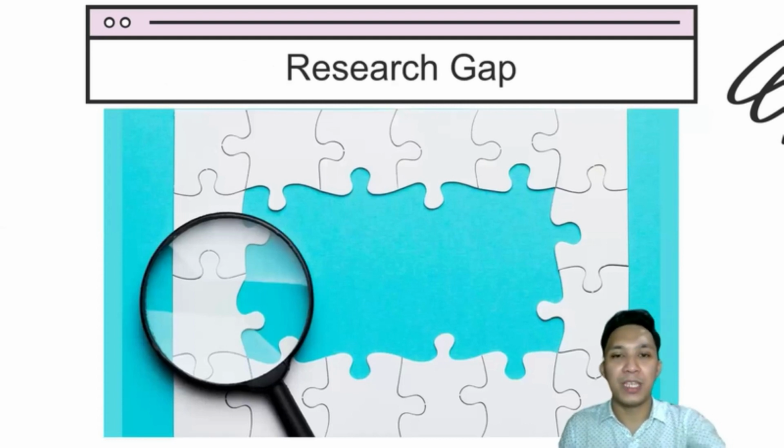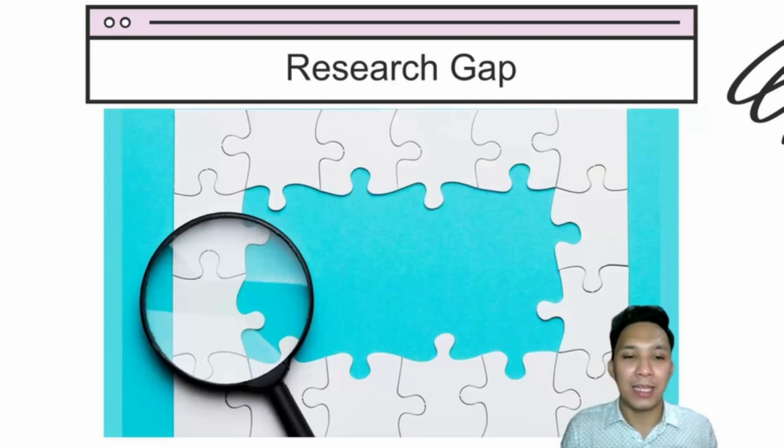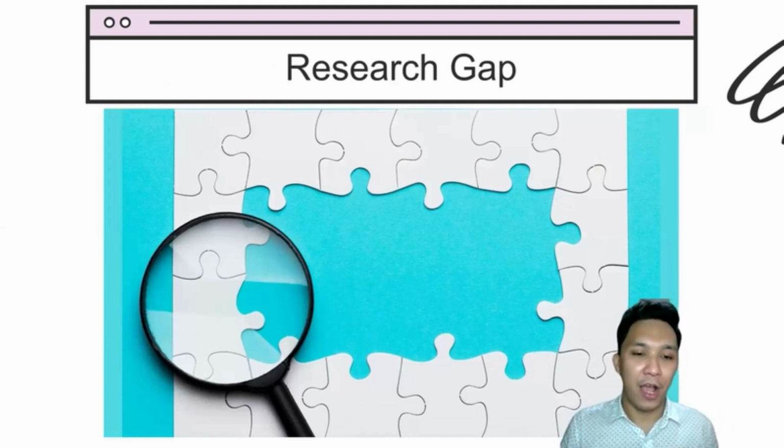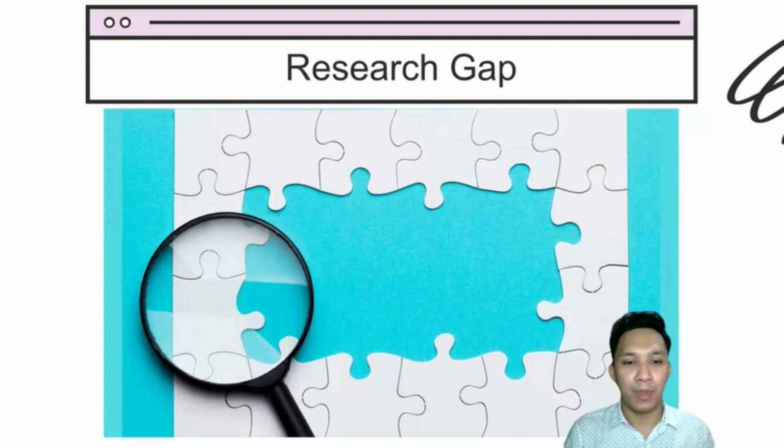Now, let's proceed with the research gap. Okay, so a research gap is a gap identified in a study, something that remains to be done or learned in an area of research. It is the gap that any research project must have, which the researchers attempt to fill in by conducting the study.